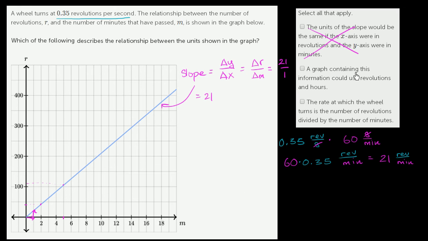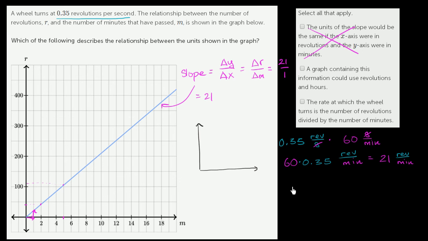A graph containing this information could use revolutions and hours. Well, sure, we would have to change the scale. So let's think about it a little bit. We could definitely construct a graph that had it in terms of hours. So for example, right now there's 21 revolutions per minute. But if we multiplied that by 60, we would essentially have revolutions per hour.